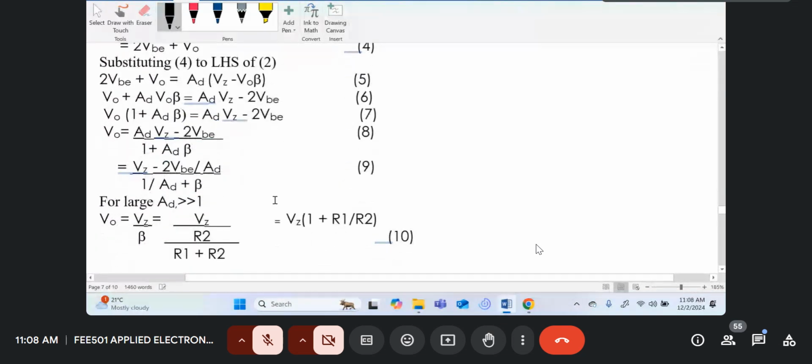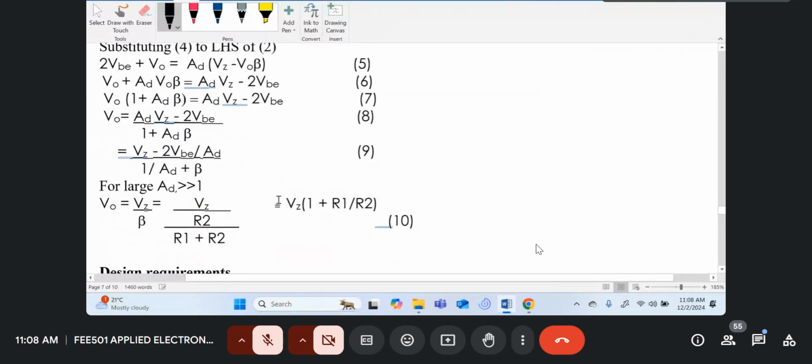So now all I have to do is solve for V naught. We get the common terms together, and I'll put the terms in V naught on the left. I've got one V naught from equation 5 over here. And on the right-hand side of 5, I've got minus AD V naught beta.